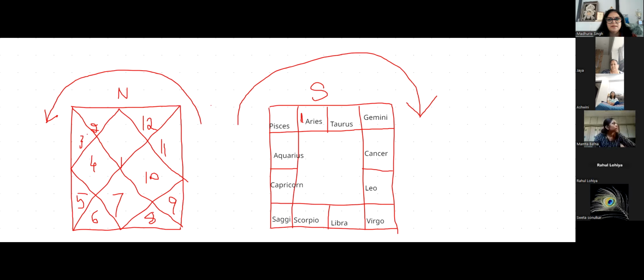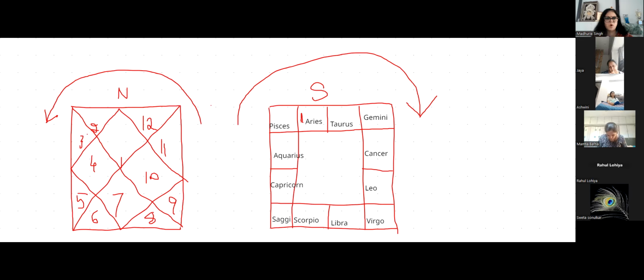Lagan ka date nikla hai. So Lagan or ascendant means to touch something. Touch means when at the time of birth of the child, the horizon of the earth is touching whatever Rashi, that is the ascendant Rashi or ascendant zodiac.